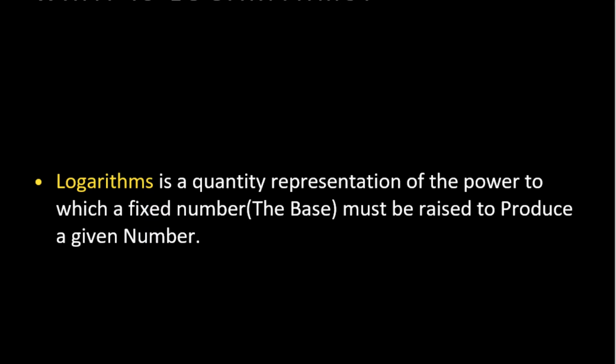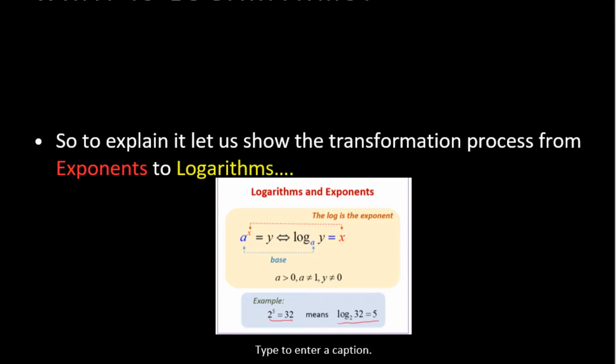to reach another number. So, to show it in an example, we must explain the transformation process from exponent to logarithm and also vice versa. As you see here, if we have a to the power of x is equal to y, we could represent it as log base a of y equals x.